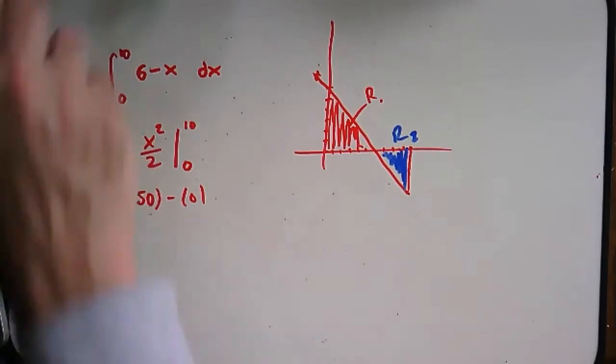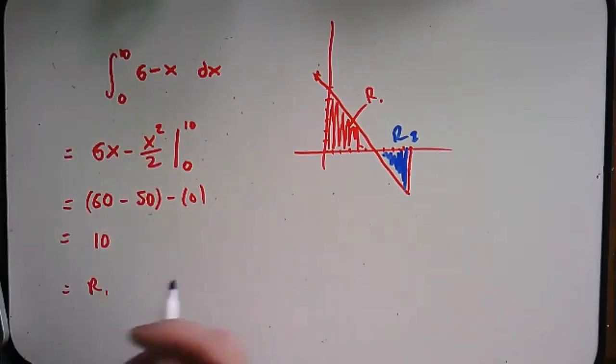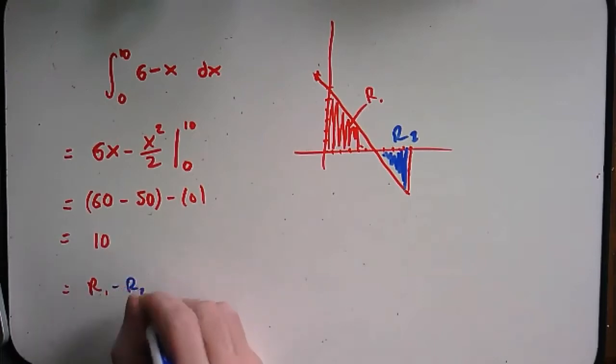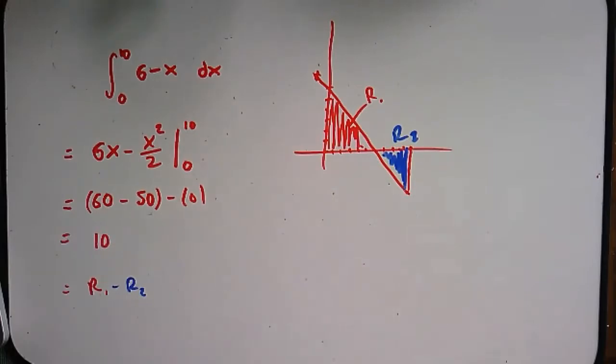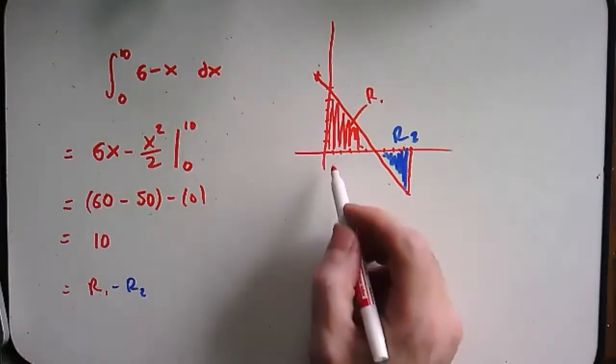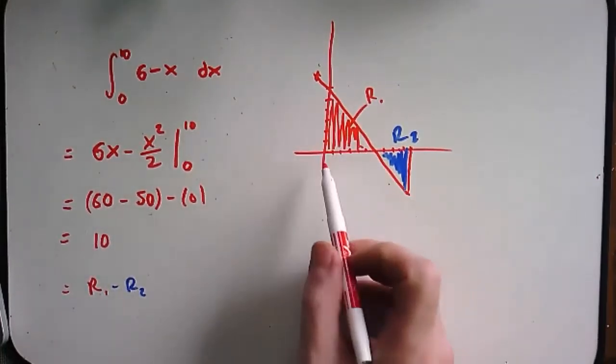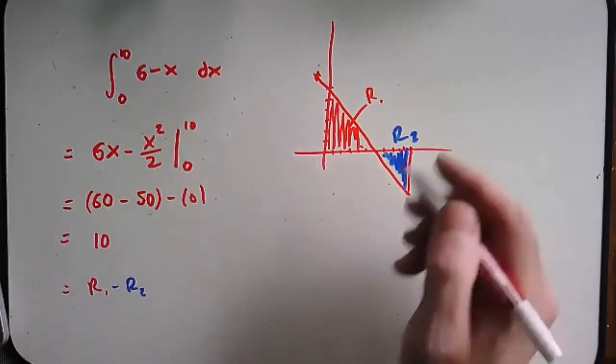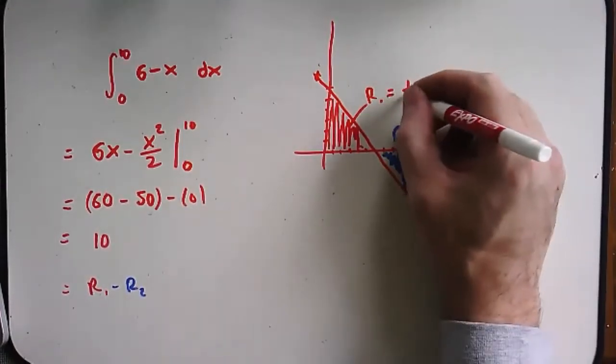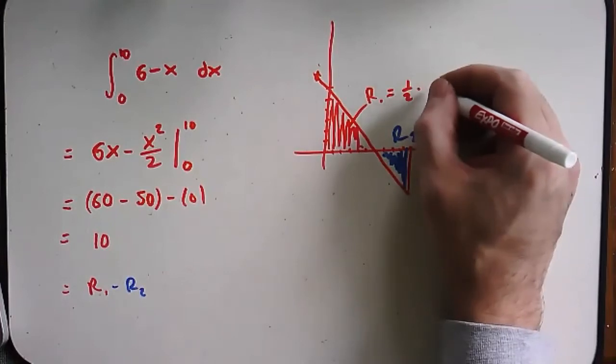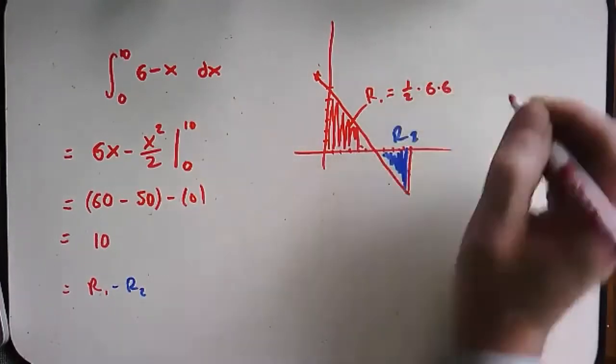So R1 minus R2. And because I chose a function that's geometrically simple here, we could confirm that just using geometry formulas. This upper triangle has base 6 and height 6. So 1/2 base times height would be 1/2 times 6 times 6.